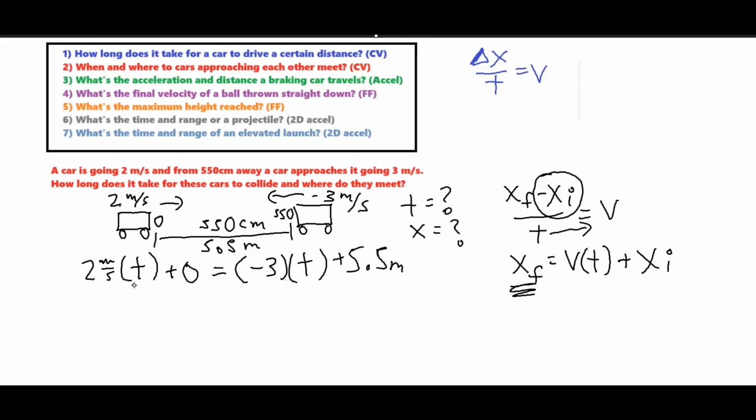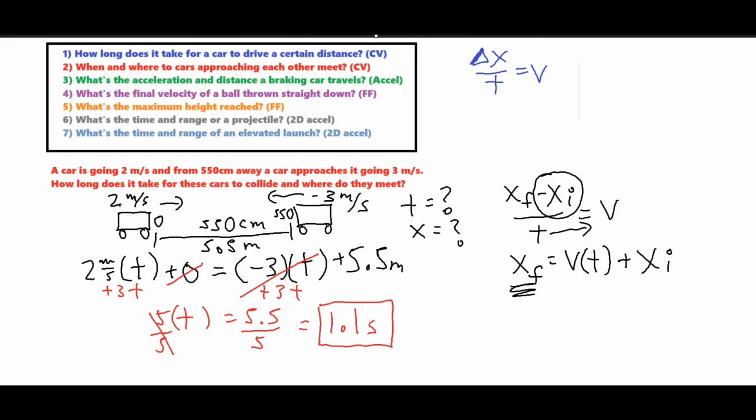We have 2t, and we don't really care about the 0, equals -3t plus 5.5. We're going to add 3t to both sides, and then we have 5t equals 5.5. Then we're going to divide both sides by 5, and that gets us 1.1 seconds.